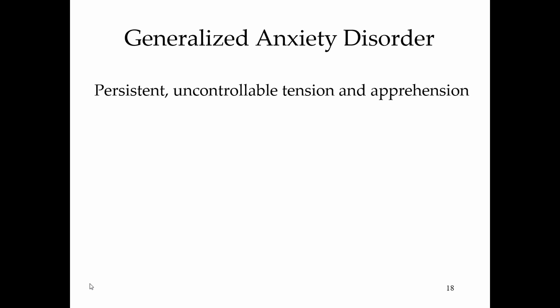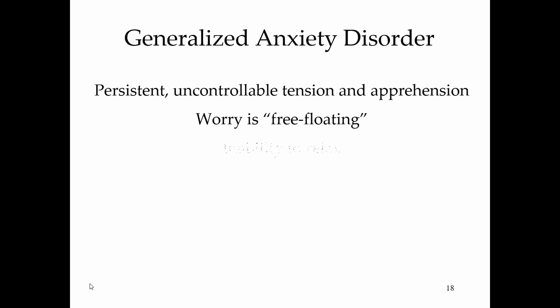Generalized anxiety disorder. There is a persistent and uncontrollable tension. The person is tense all the time, and apprehension, so a fear something bad is going to happen. The person worries constantly. The worry is free-floating, so it doesn't focus always on one thing. If one problem is the focus of the person's worry and that's resolved, they begin worrying about something else.